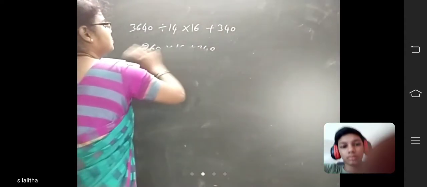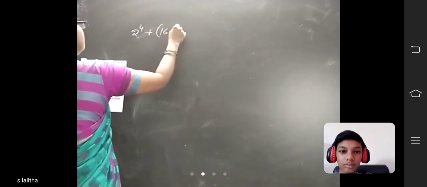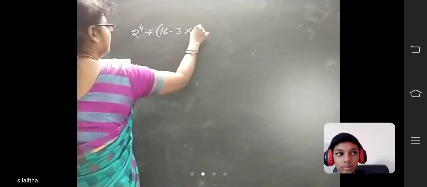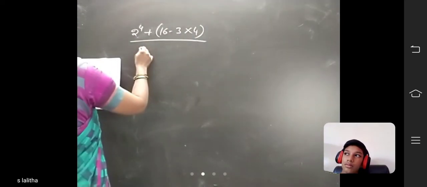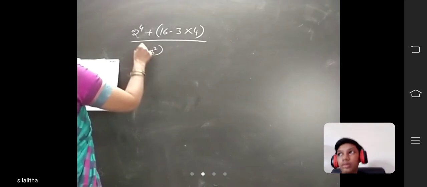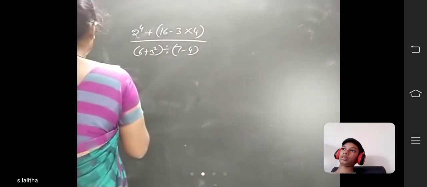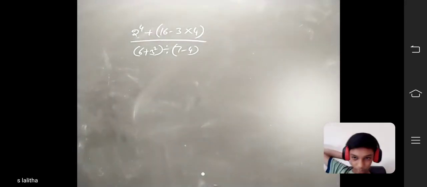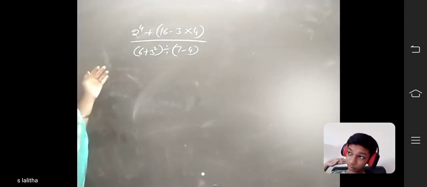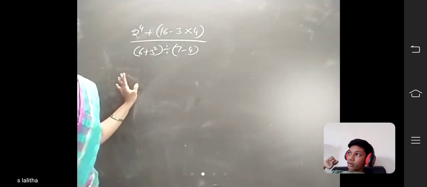Next, another example is there, see children. 2 power 4 plus 16 minus 3 into 4 by 6 plus 3 square divided by 7 minus 4. So first what should you do?